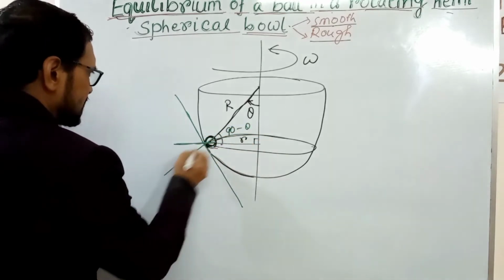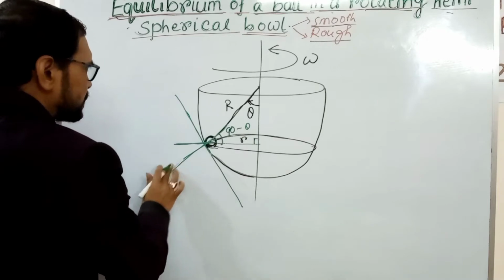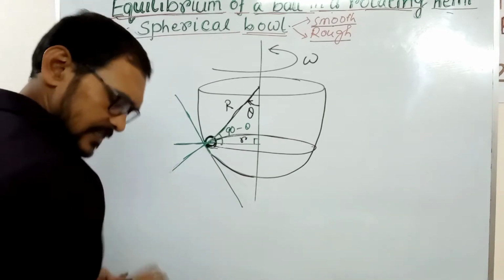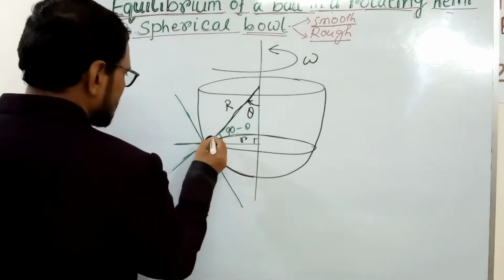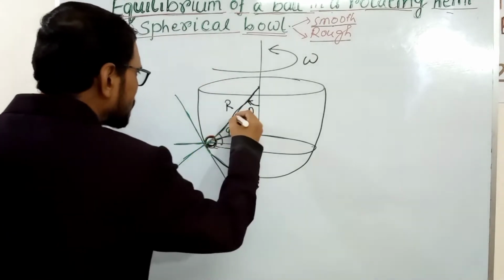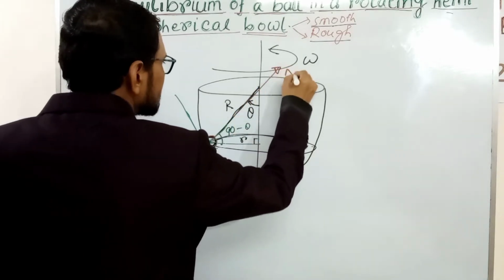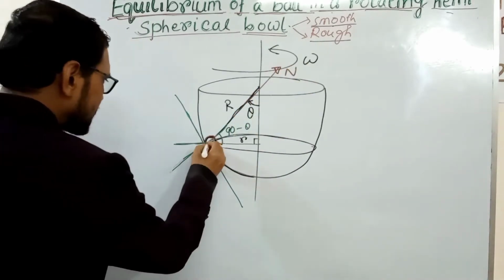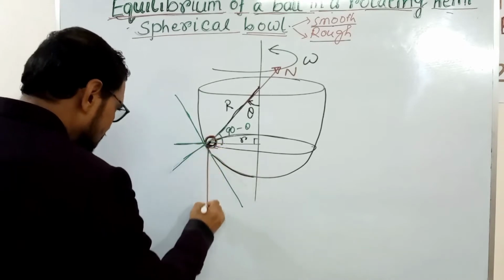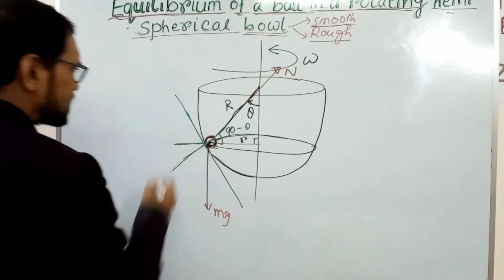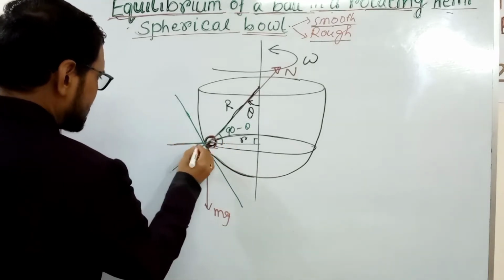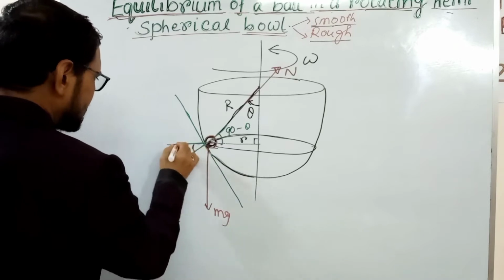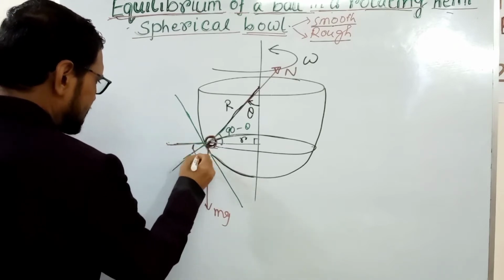Now we know the normal reaction is along this. The particle is here, so normal reaction acts in this direction and weight acts vertically downward. This angle is 90 minus theta and this is 90, so this angle is theta.